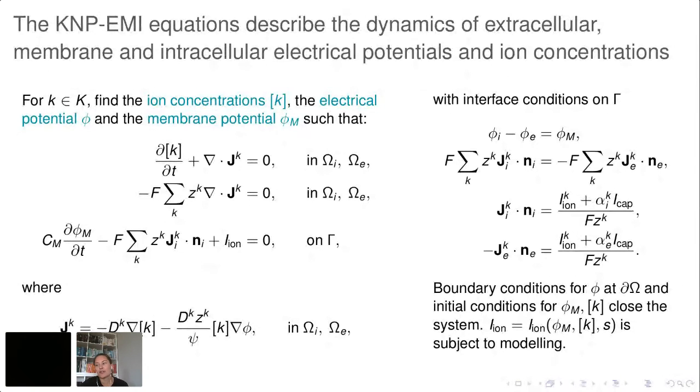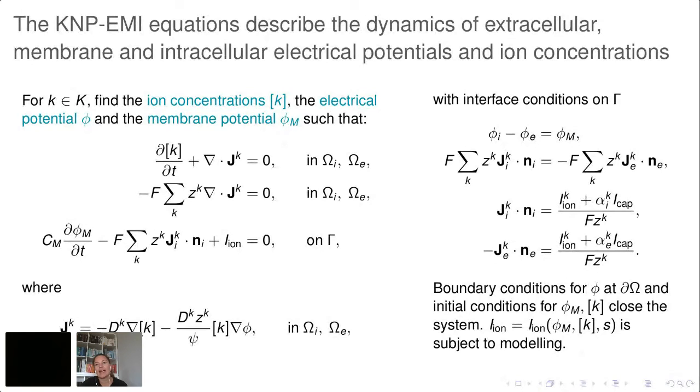And then again, the third equation states that the rate of change of the membrane potential is proportional to the current flowing across the membrane. And in these 3 equations, we have a flux density Jk for each ion species k. And this is modeled by a Nernst-Planck equation, where we assume that ions can move either due to diffusion or drift in the electrical field. And this framework holds for an arbitrary number of ion species k.